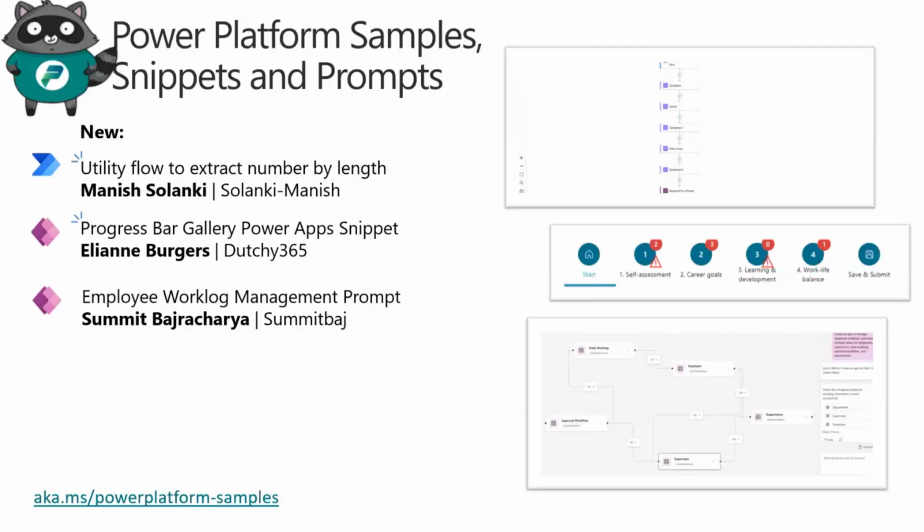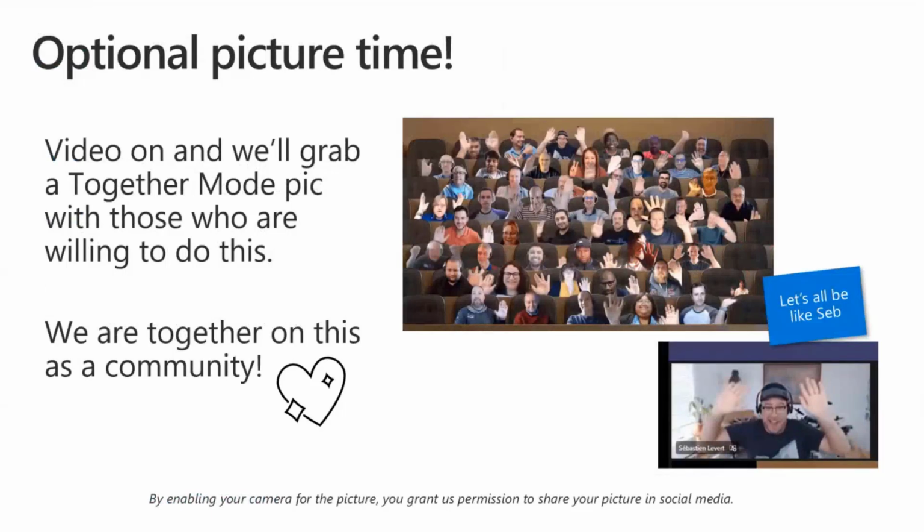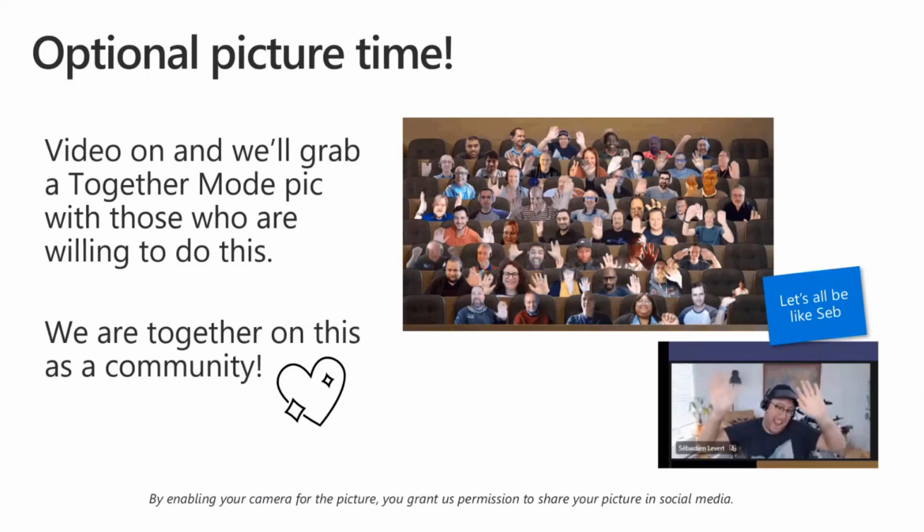All right, so what time is it? Well, it is picture time, so let's get those fantastic faces going. We'll get together mode started here. I'll turn my camera on, and if together mode is friendly today, which, come on, you can do it. There we go. We're going to apply a new scene and bring it over into view here. Looking great. Excellent.